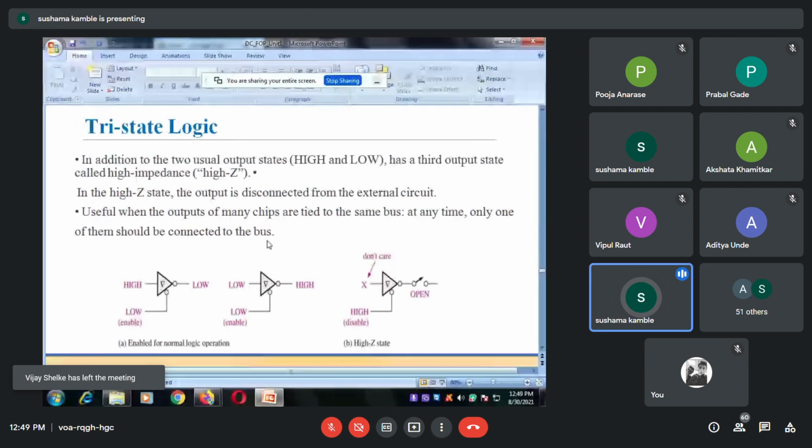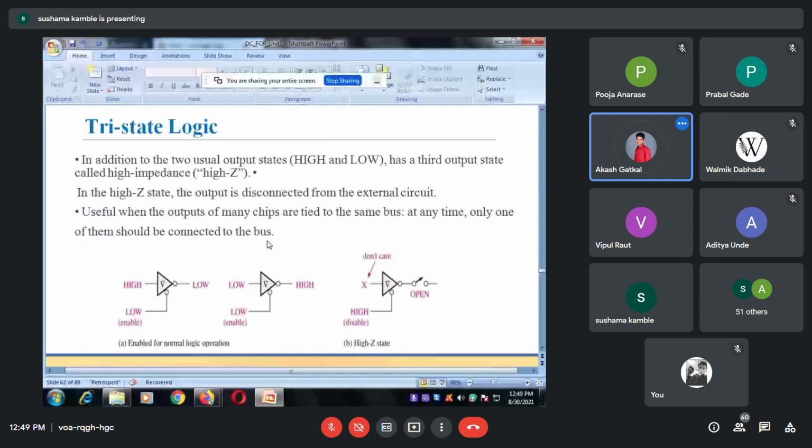Now, can you listen to me? Yes, ma'am. Okay, so did you understand what is in tri-state? There are 3 states: high, low and high impedance. Okay, so why it is needed: because when we are using different buses and connecting on the same chip.